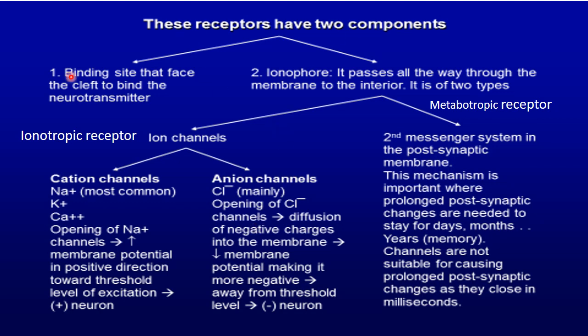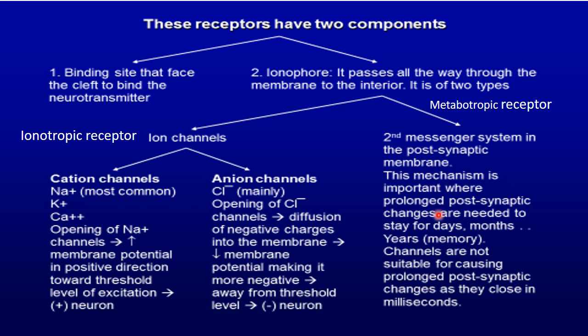Now let's summarize. The receptors have two components: the binding component that binds the neurotransmitter, and the ionophore component which passes all the way through the membrane. There are two types of receptors, either ionotropic receptors or metabotropic receptors. The ionotropic receptors open the ion channels, which may be cationic channels or anionic channels.